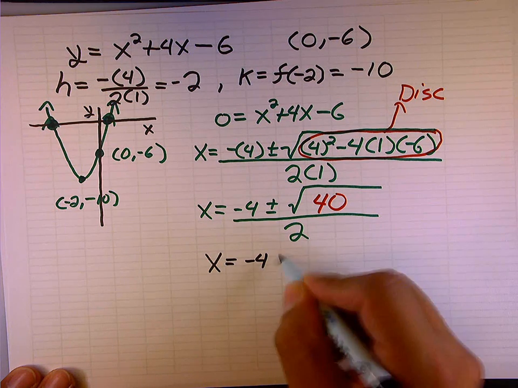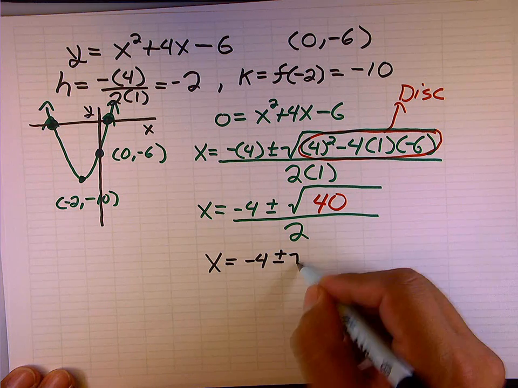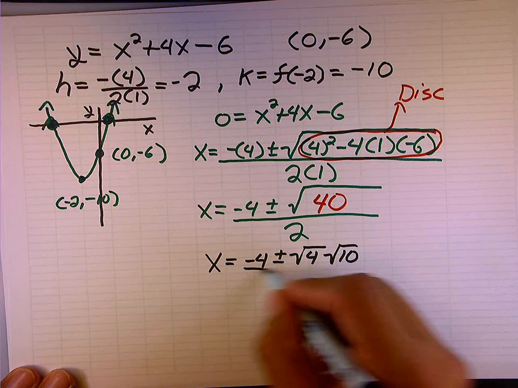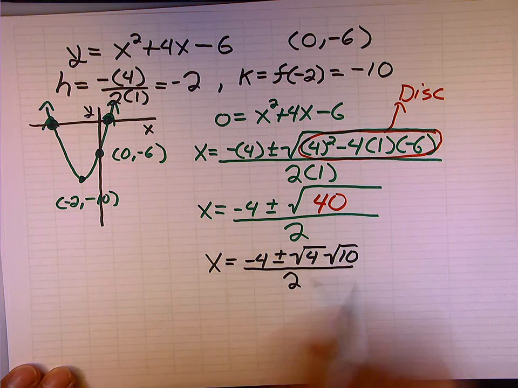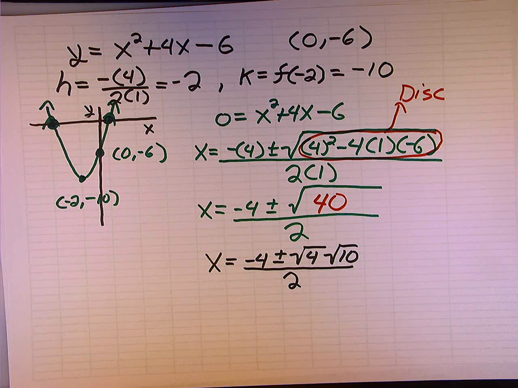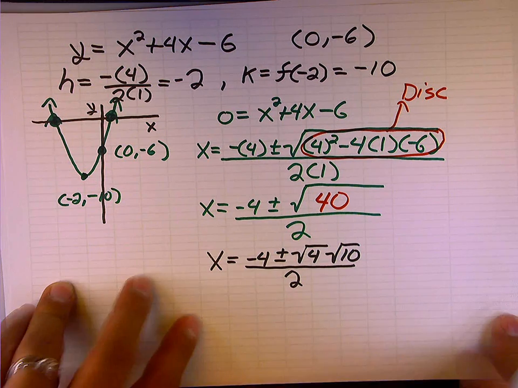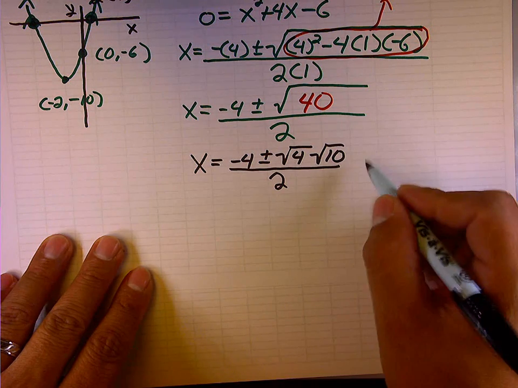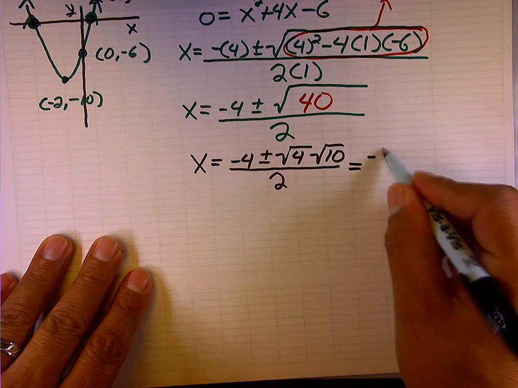So, I'm going to take this, move it over here to the side, doesn't matter. X is negative 4 plus or minus the square root of 4 times the square root of 10. So I skipped one little step, just combined two steps in one, because 4 times 10 is 40, and I split my radical into two radicals. I did that because I can take the square root of that 4. I'm just going to move my work up here a little bit so it's easier to see.